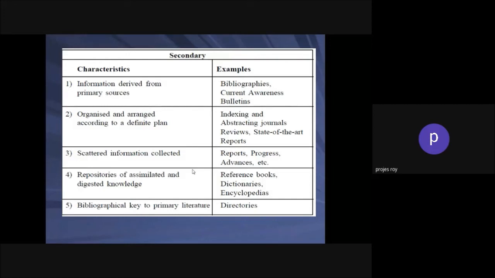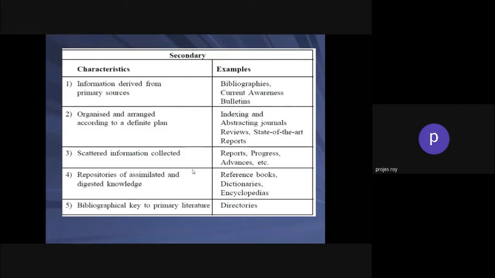Repositories of assimilated and digested knowledge, reference books, dictionaries, encyclopedias. Bibliographical keys to primary literature, directories. So these are the secondary sources and their examples.